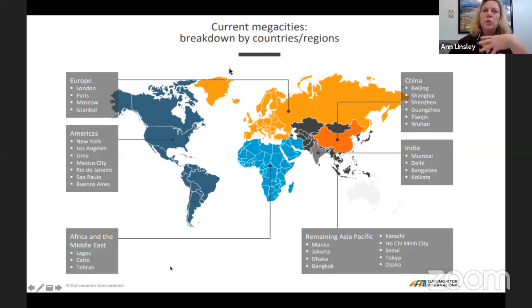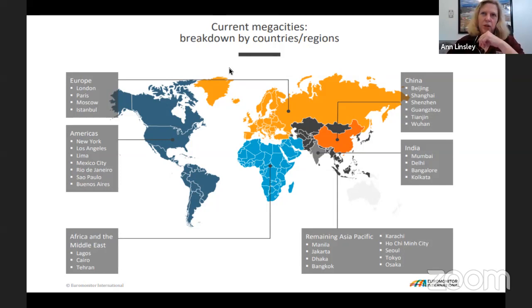It may not be a global city from the US perspective or from some other perspectives, but is Tehran a global city to any other countries at all? You have to have that connectivity, but Tehran is a megacity. So we kind of have to be careful. We can't say all megacities are also global cities, and we can't say that all global cities are megacities, although many of them are. All right, deep breath.